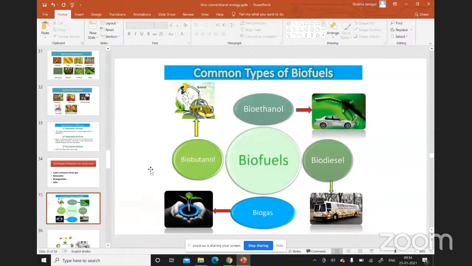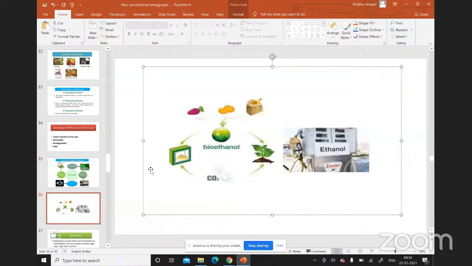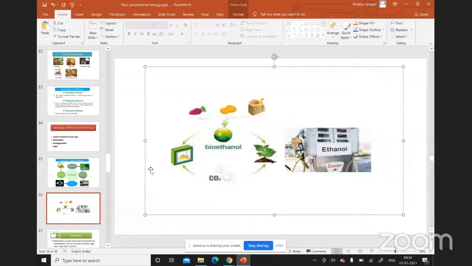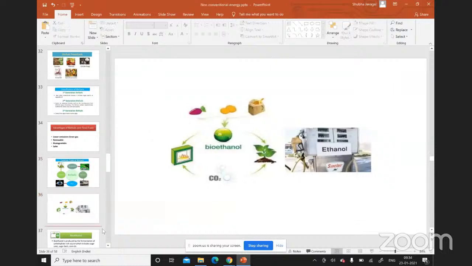And then there's also biodiesel, which is produced using soybeans and other materials. And we also have bioethanol, which is seen as a potential energy resource that can be used instead of diesel and petrol in automobile sectors. So these are some of the pictures that I've got.